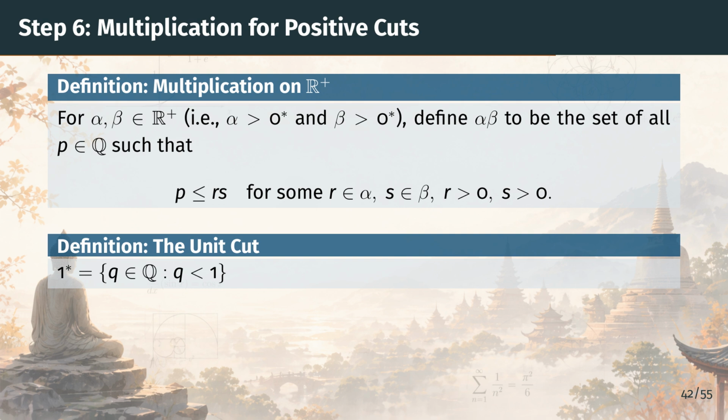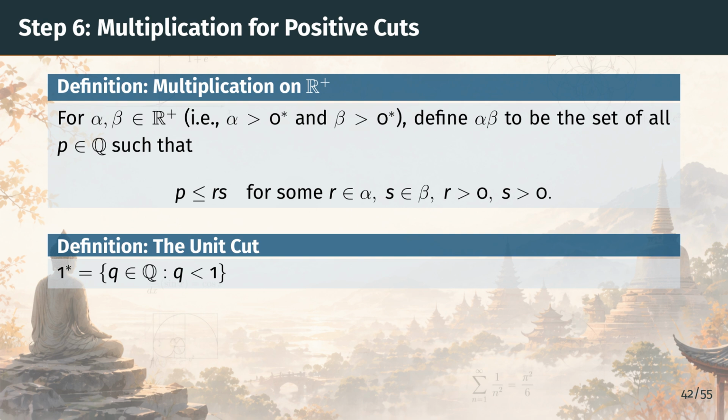So the naive pairwise product set would not even be downward closed if negatives were allowed. The standard dodge is to define multiplication first on positive cuts, where order is preserved, and then handle signs by hand in step 7.